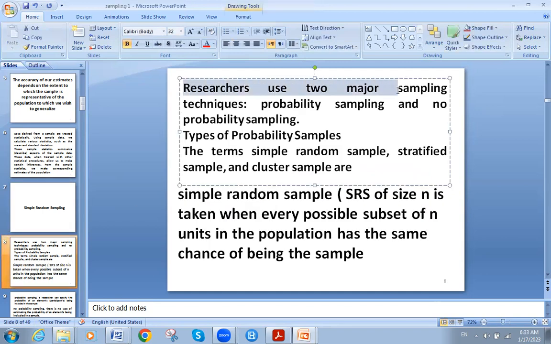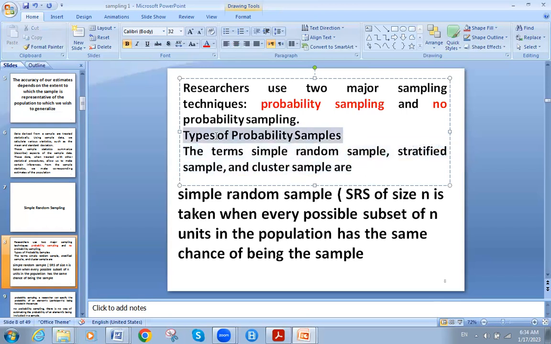Researchers use two major sampling techniques: probability sampling and non-probability sampling. Types of probability sampling are the simple random sample, stratified sample, and cluster sample.